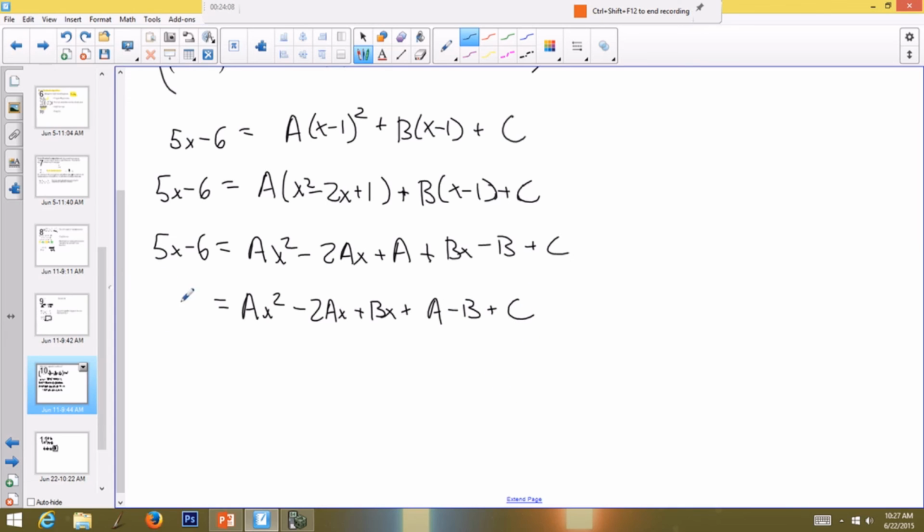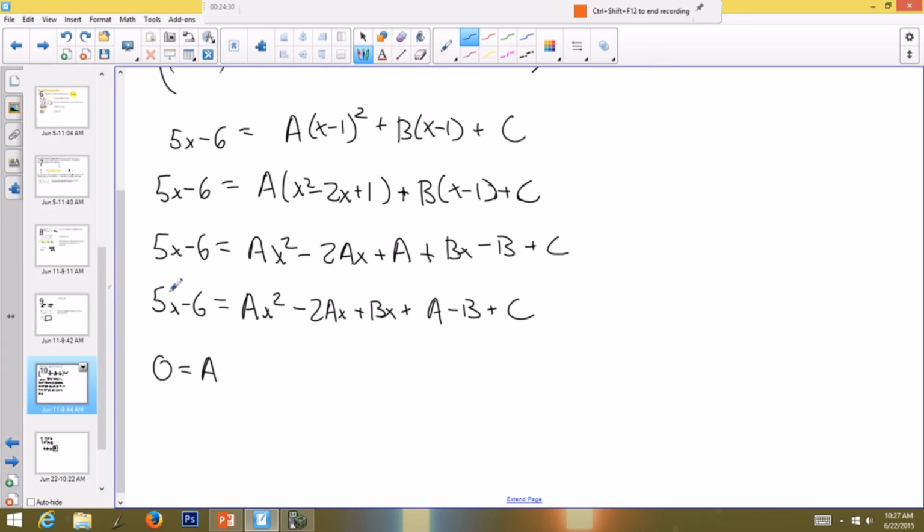Okay, now check this out. Again, I'm going to have a system of linear equations. Notice on my left-hand side, there is no x squared term. So 0 is going to equal a, because I have 0x squared.